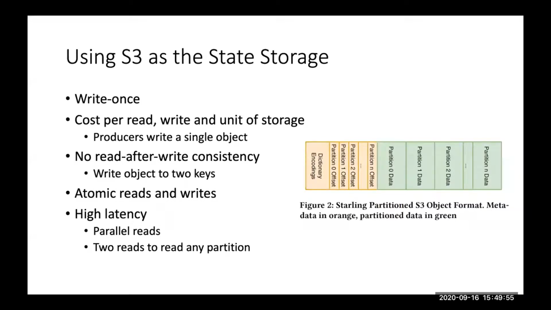Another downside of S3 is high latency. S3 suffers from very long tail latency, and also high average latency. They overcome this by doing parallel reads: the workers issue multiple reads in parallel, and for their benchmarks and their computation, it really works.